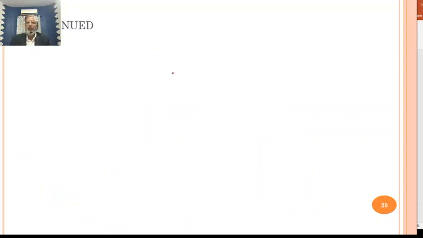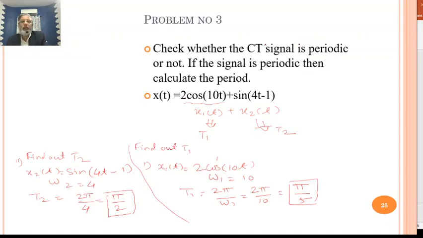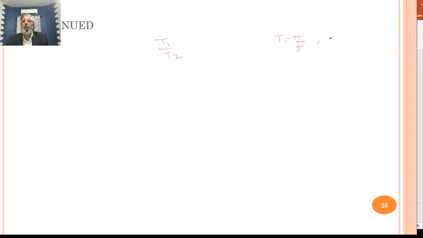For that, we will find out the ratio of T1 by T2. T1 is pi by 5 and T2 is pi by 2. Then the ratio means pi by 5 divided by pi by 2, which is pi by 5 into 2 by pi.